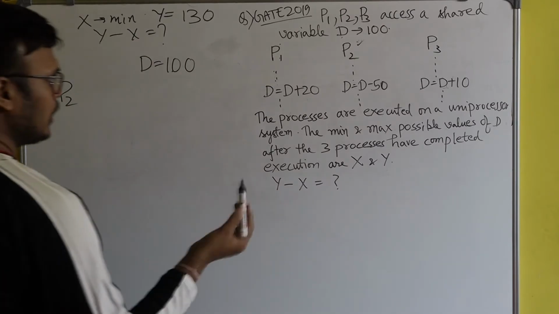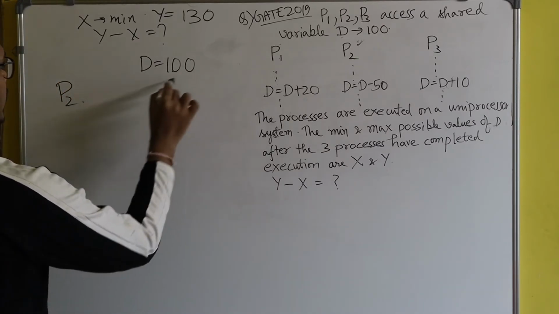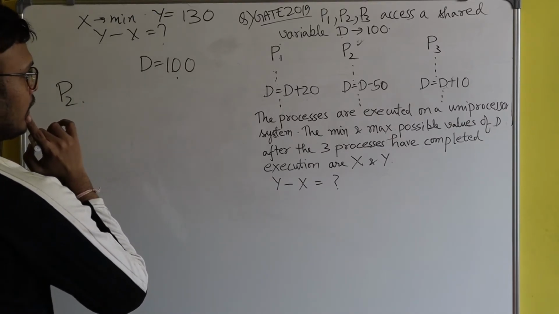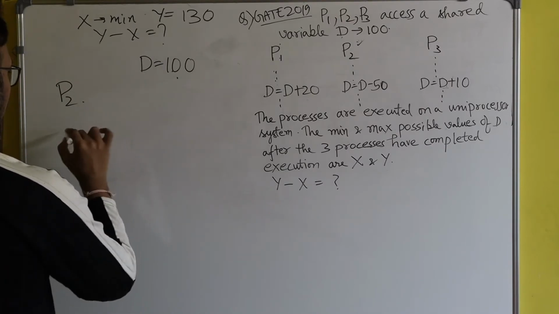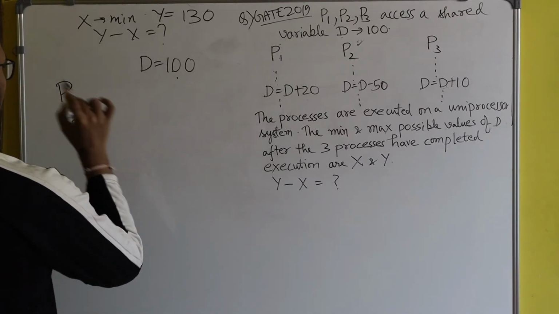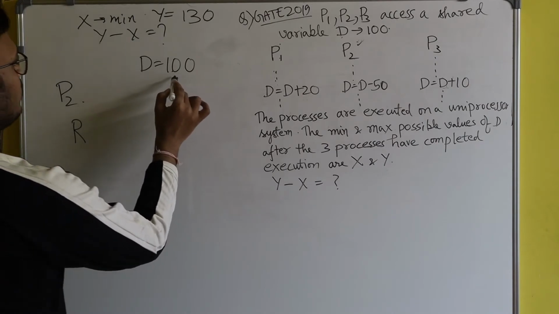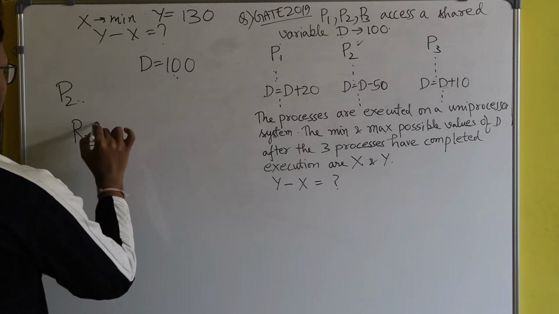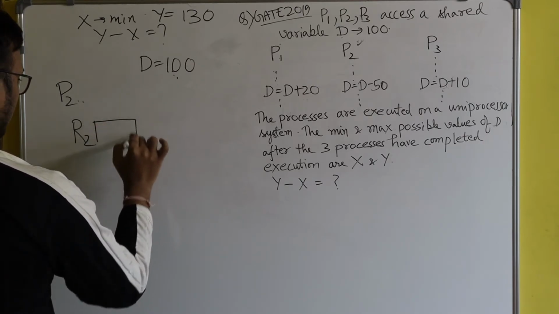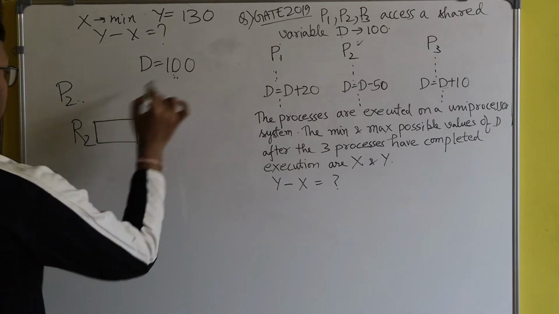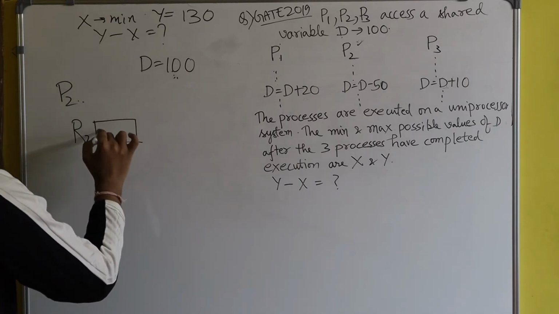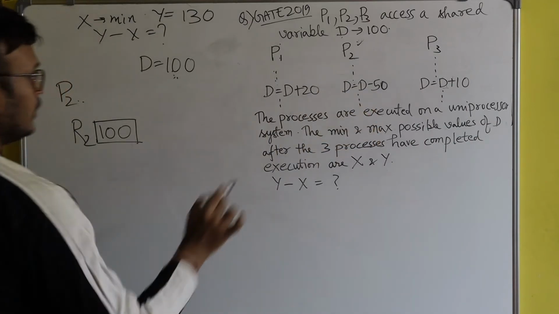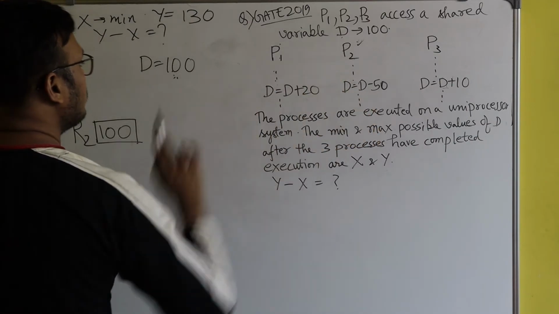So what will process P2 do? Process P2 will read this value, that is 100, and will keep this value in register R2, and now it will decrement the value of D by 50.